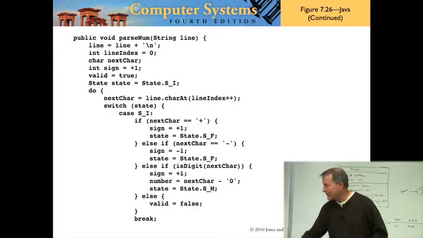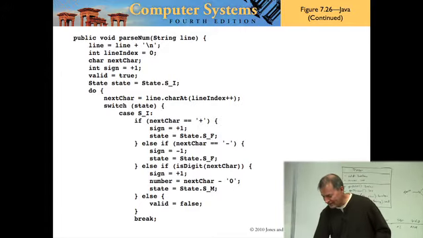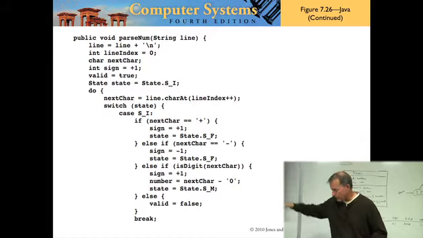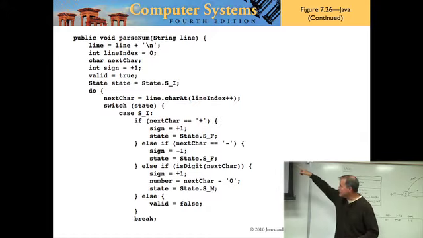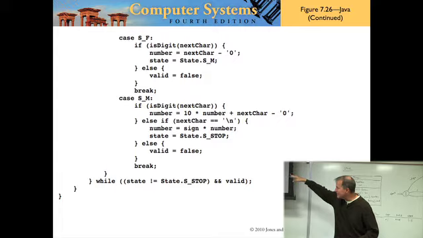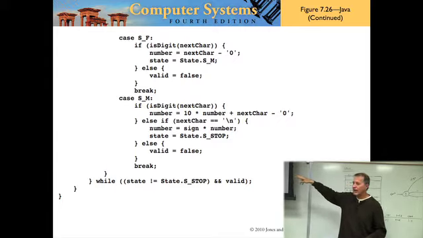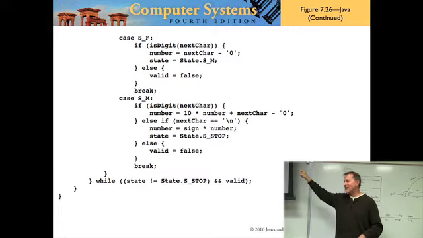Here's case S underscore I, and then break. Then case SF, break, and then else valid gets false. Now, it's interesting, what case do we not have here? Stop. We don't have stop, because the test says while state is not equal to stop. So if it ever gets set to stop, when it gets to the termination, it'll terminate, and so we won't ever have a need for that case. Does everybody see that?